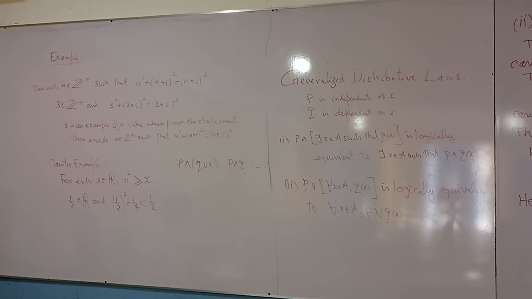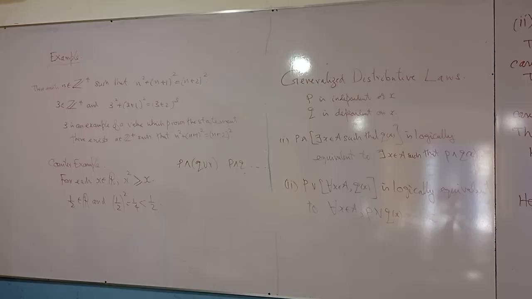If you assume P and there exists X such that Qx is true, then P is true certainly, and there is at least one X0 such that Qx0 is true. So X0 belongs to A, P is true, Qx0 is true, therefore that side is true.